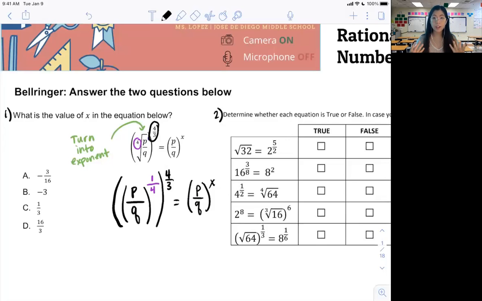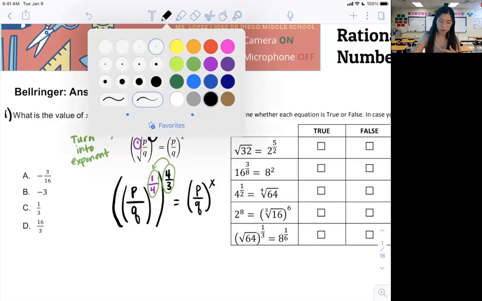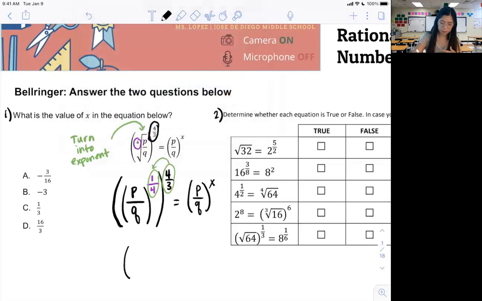And that's actually much, much better for us because what can we do now between these two exponents? Distribute. Exactly. When you have an exponent on the inside of the parentheses and then an exponent on the outside of the parentheses, you can distribute, you can multiply those two numbers. So I'm doing 1/4 times 4 over 3.